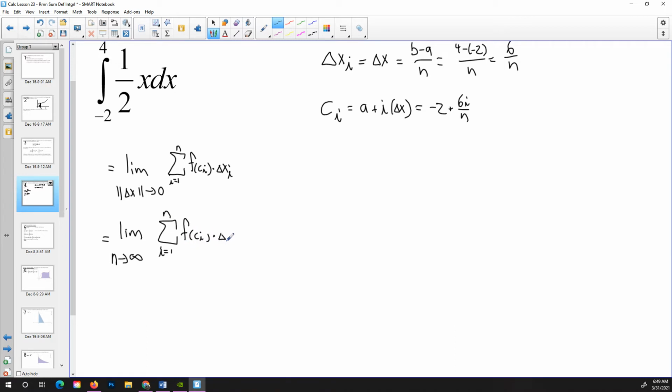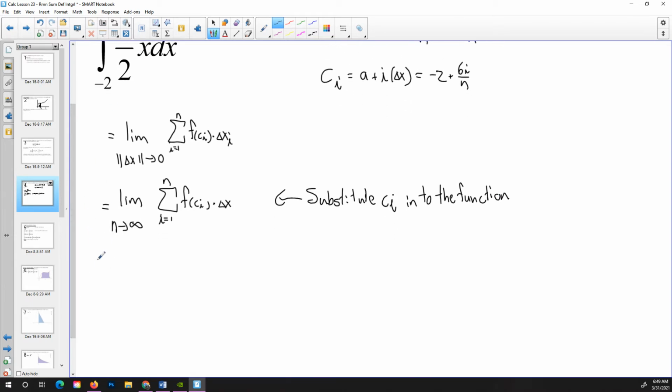times delta x. Here we will substitute ci into the function. And our function is a half x, so we'll have the limit as n goes to infinity of the sum as i equals 1 to n of a half x, right?